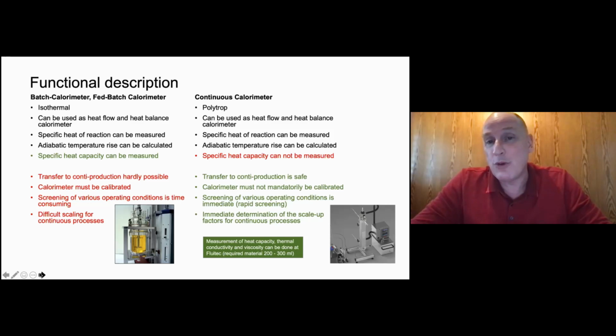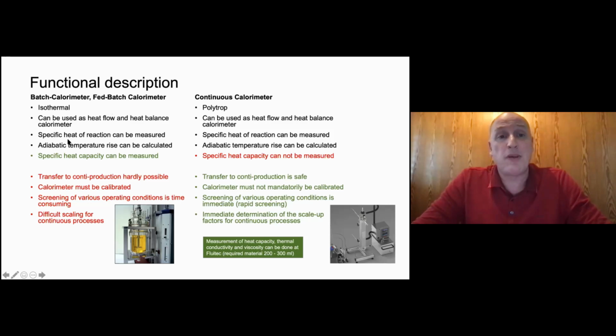So here I just have a comparison between a batch reactor and a continuous calorimeter. Mostly batch or fed-batch reactor calorimeters are run almost isothermal. No reaction is isothermal, but we can say almost. It can be used as a flow and a heat balance calorimeter.